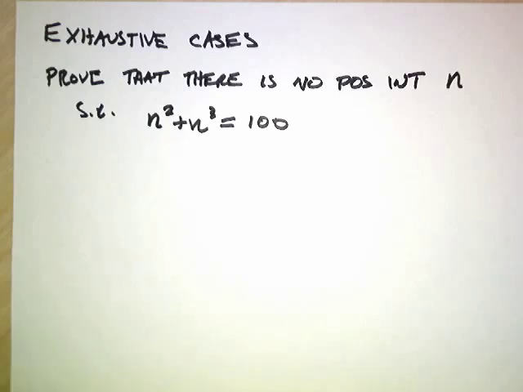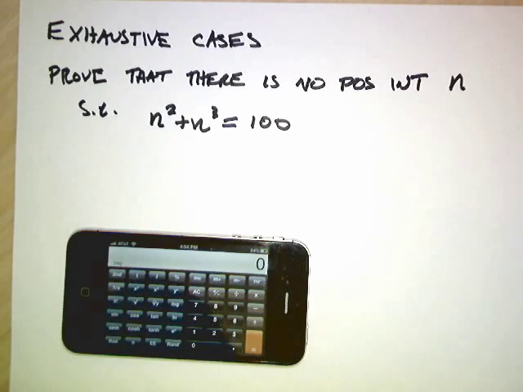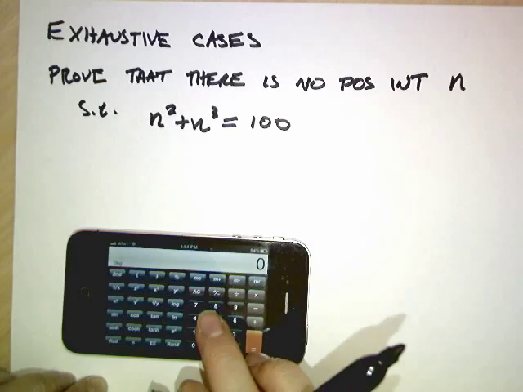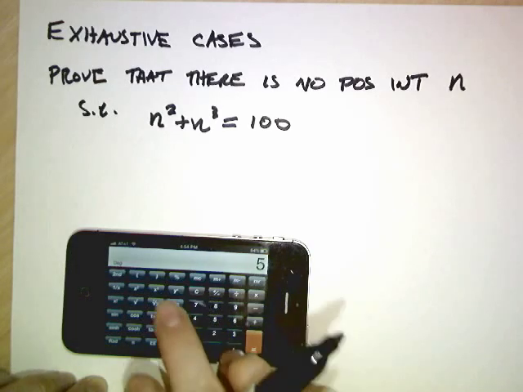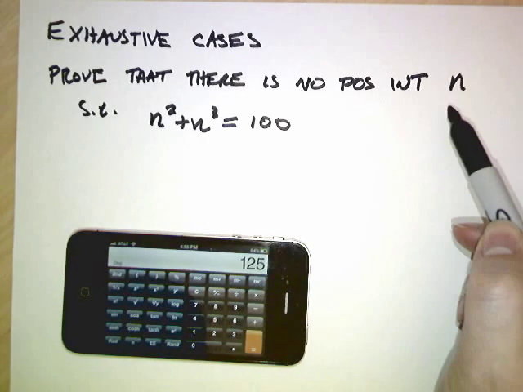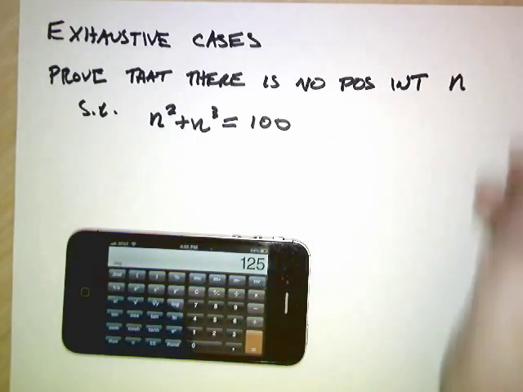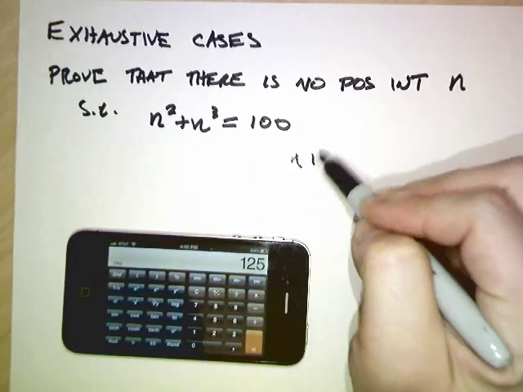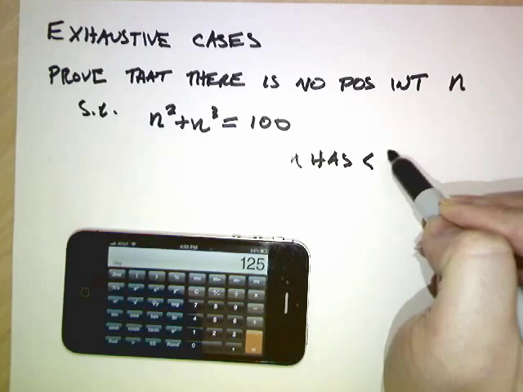Okay, well the first thing to notice, and you can figure this out by using your calculator, is that if n equals 5 and you raise it to the third power, you get 125. So if there is some n that satisfies this equation, we just proved that n has to be less than 5, right?